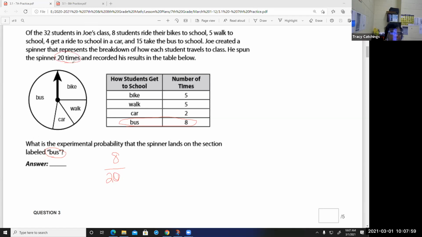Somebody said, and I went back and looked. 20. What as a percent? Good job. 40%. Any questions about it?